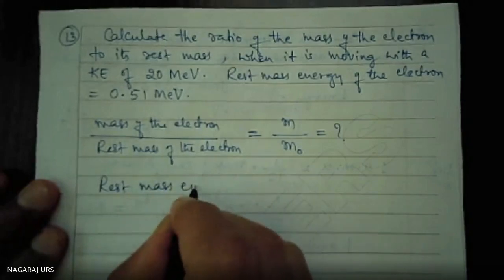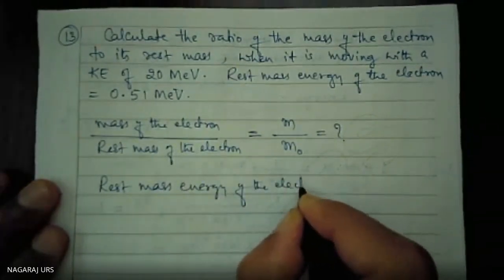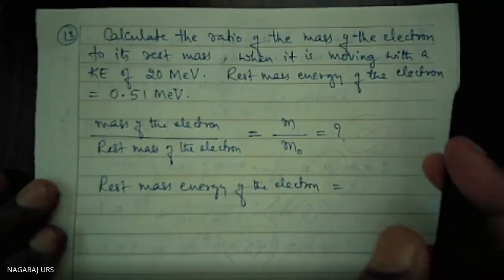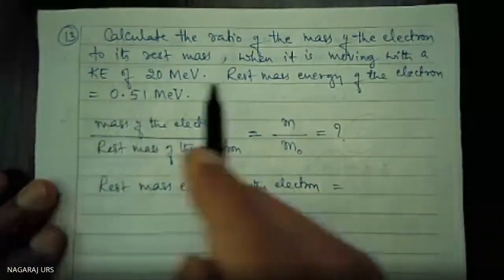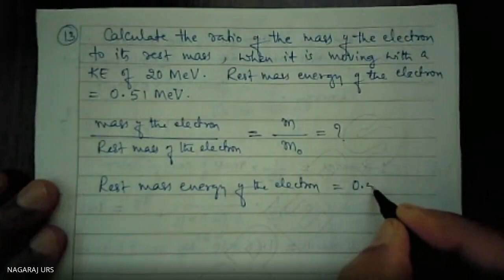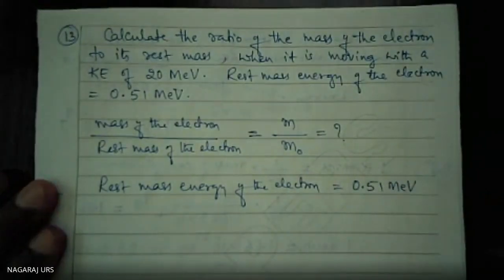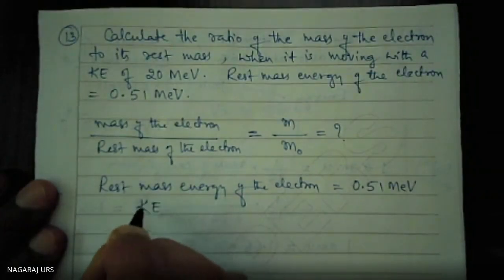Rest mass energy of the electron, 0.51 MeV is given. How much is the kinetic energy of the electron? Means moving energy.